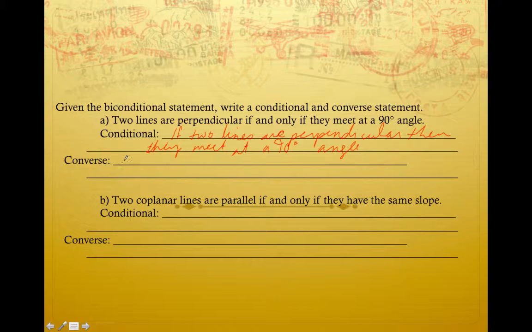The converse is if two lines meet at a 90-degree angle, then they are perpendicular.